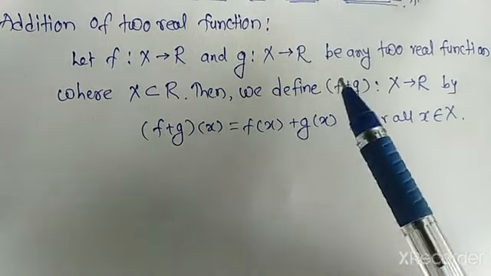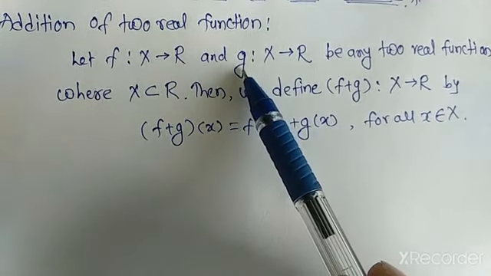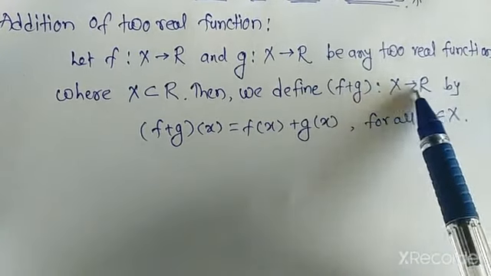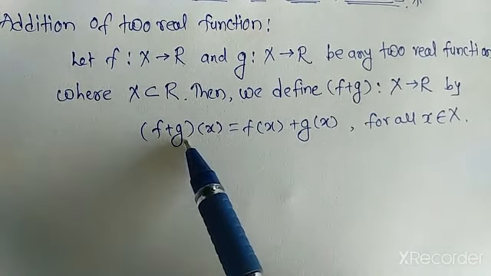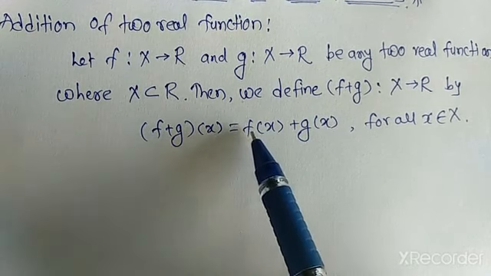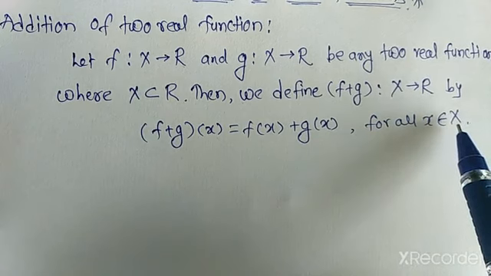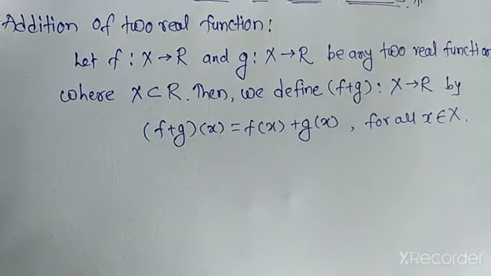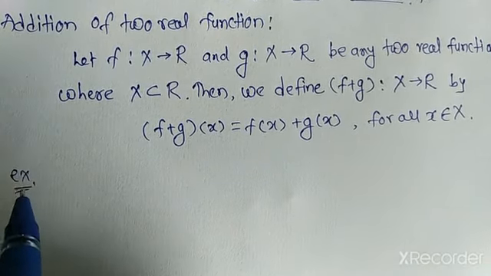Then we define f plus g, the function addition of f and g, as a function from X to R, by (f plus g)(x) is equal to f(x) plus g(x) for all x belongs to X. So by this definition we consider an example.